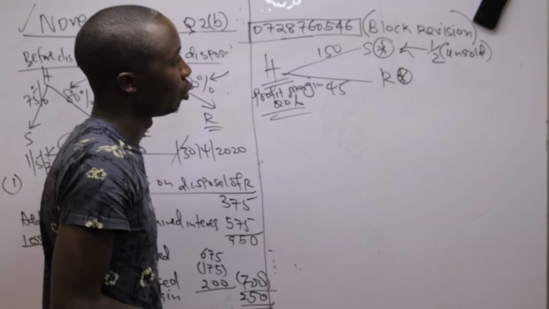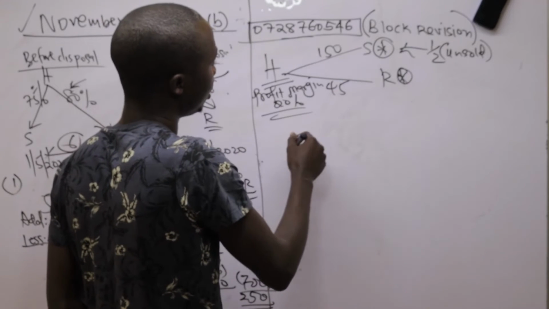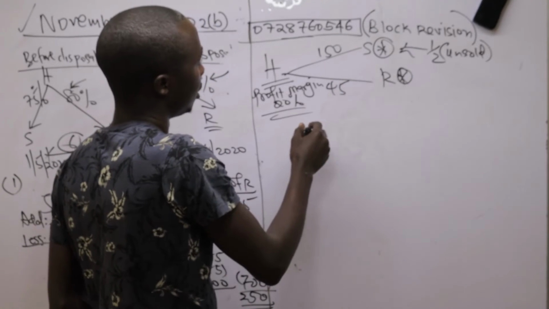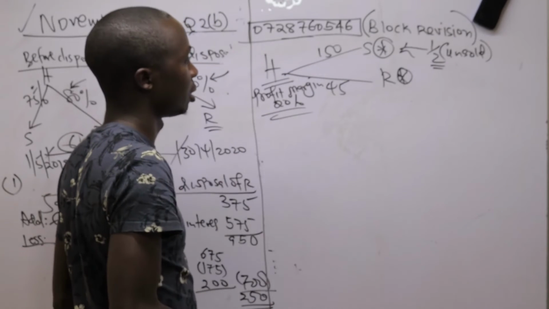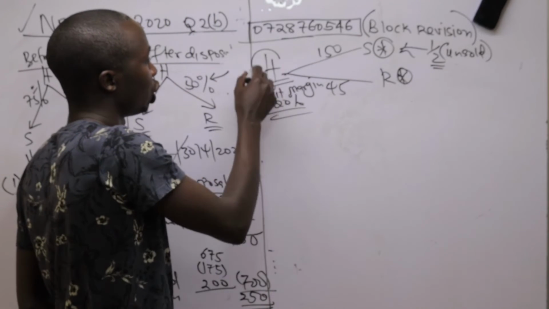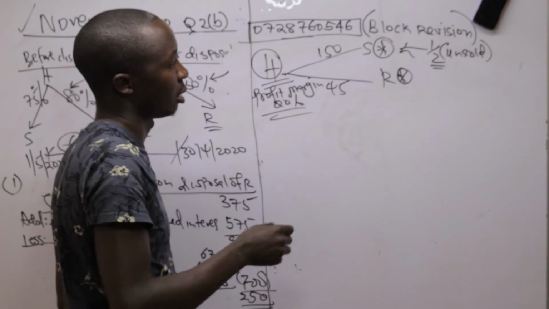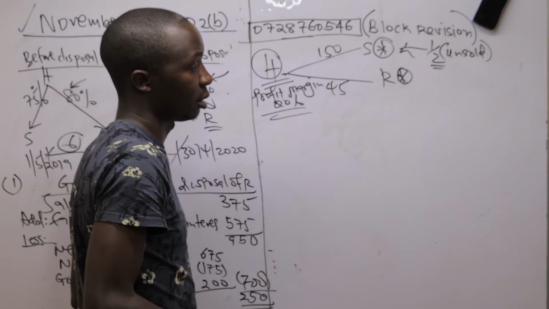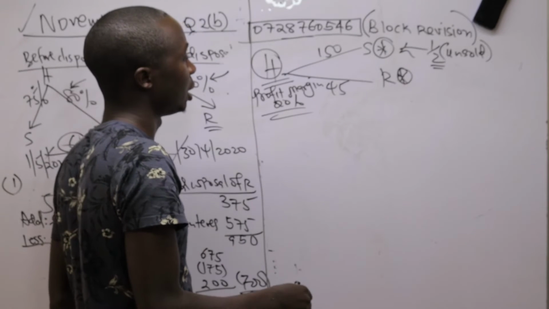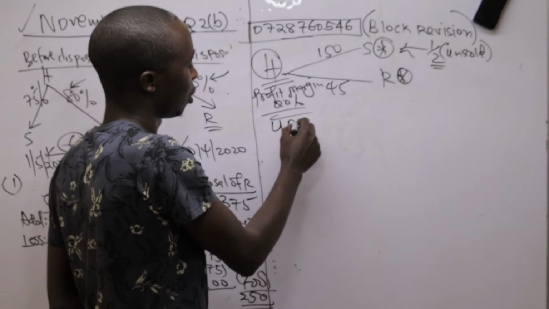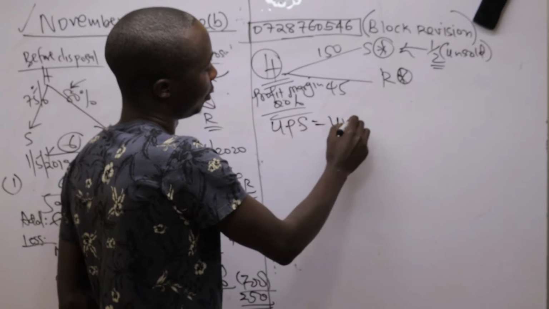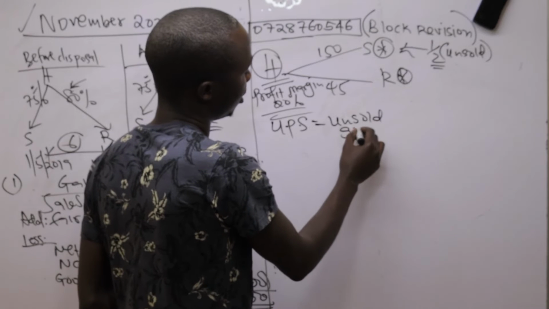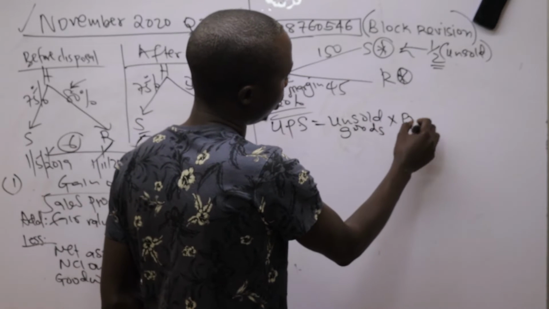So what am I supposed to do with the half that is unsold in S? There is profit unrealized on the goods unsold. The profit of H is overstated by what S never realized, based on the goods he never sold. That is what we call unrealized profit on stock, which I determine by taking unsold goods times profit margin.